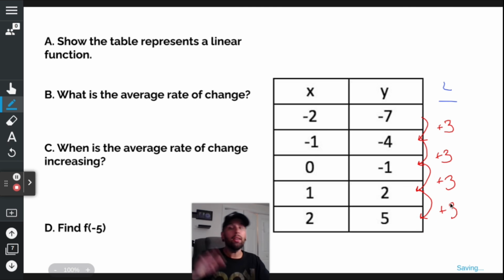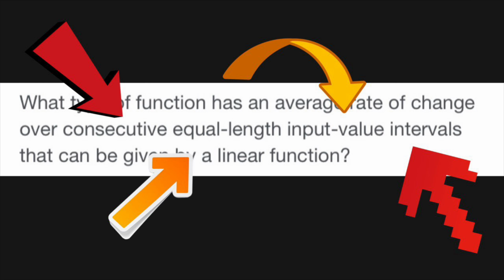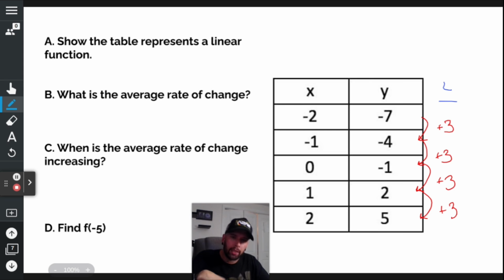This function is linear because the rate of change over consecutive input value equal intervals is 3. What is the average rate of change? Well, the average rate of change comes from the fact that I have a linear pattern of 3 over 1, so my average rate of change is a positive 3.